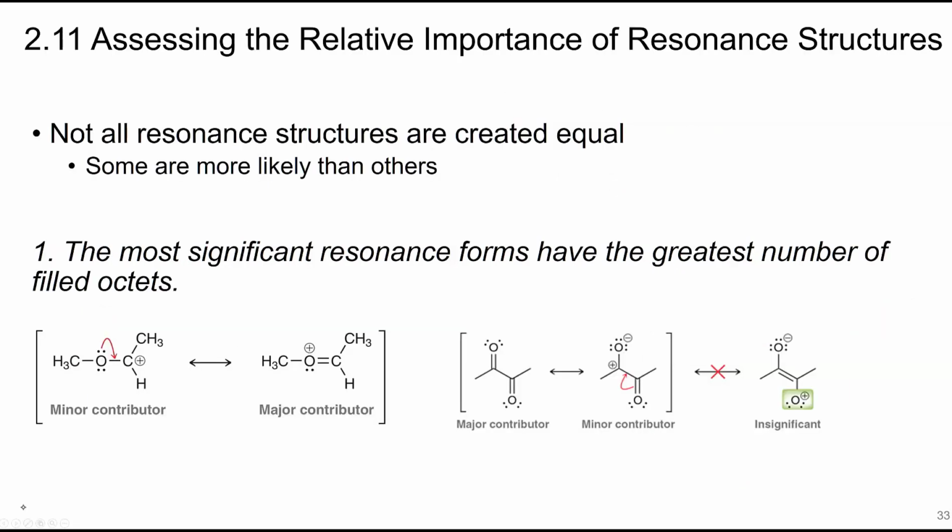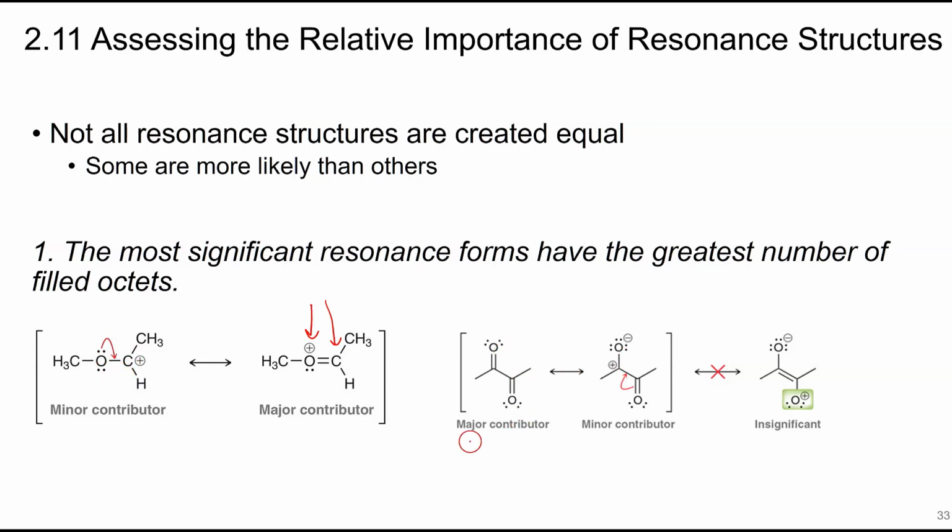Not all resonance structures are created equal. Some are more likely than others. Just like puggle puppies are not perfectly 50-50 mixed, there's different percentages there. It's the same thing with resonance structures. So the most significant resonance forms have the greatest number of filled octets. This is going to be the minor contributor. This is the major because we have octets here and here, versus this is empty. That one has an octet, but that one's empty.